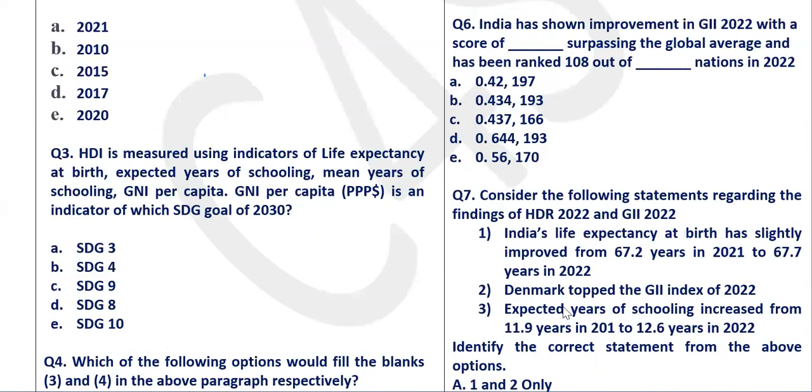Clear? Next, last question, students. Consider the following statements regarding findings of HDR 2022 and GII 2022. First statement: India's life expectancy at birth has slightly improved from 67.2 years in 2021 to 67.7 years in 2022. Second: Denmark topped the GII index of 2022.